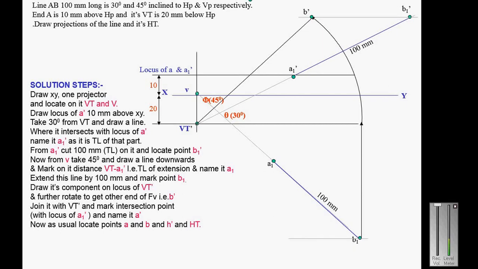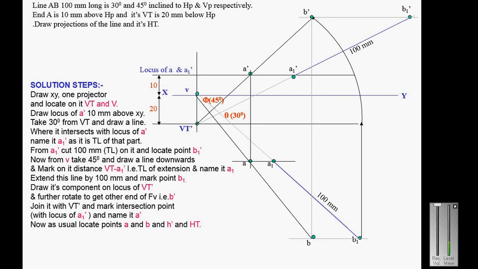Join B dash and the vertical trace, then you will get the point A dash. Once you get the point B dash, draw the projector line to the second locus. This point is B, then join B and V. Then project the line through point A dash and it will touch the VB line, and that point is called A.